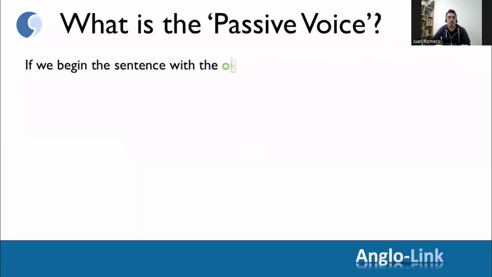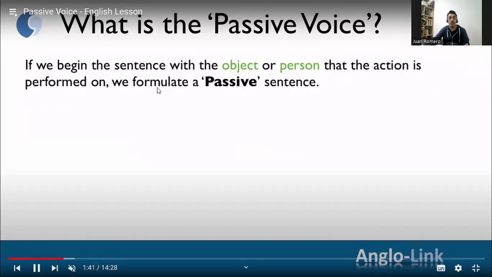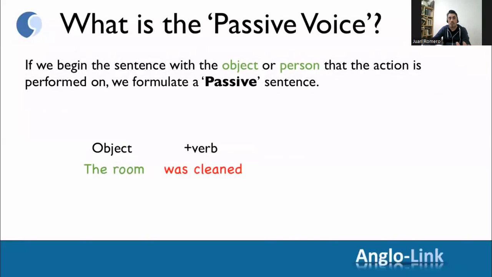If we begin the sentence with the object or person or agent that the action is performed on, we formulate the passive sentence. We turn it around, something like that. So the object, the room, and there was a past verb. John cleaned the room. He did it, right? So the room was cleaned.